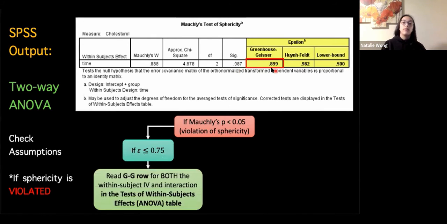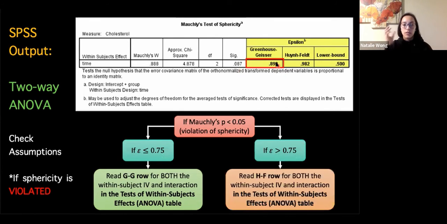If that's the case, we would end up using a Greenhouse-Geisser adjustment for both time and our interaction effect. If that epsilon value in this box was greater than 0.75, then we would use the Huynh-Feldt adjustment for both the within subject variable as well as the interaction. So general rule of thumb, whatever you do for the within subject variable, you treat the interaction effect the same way.